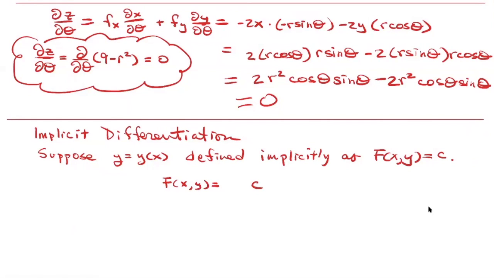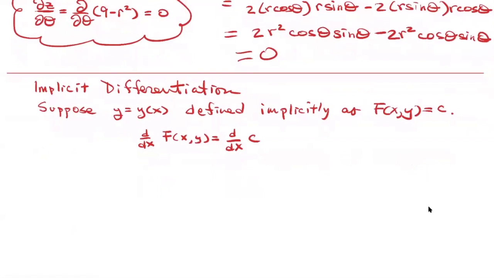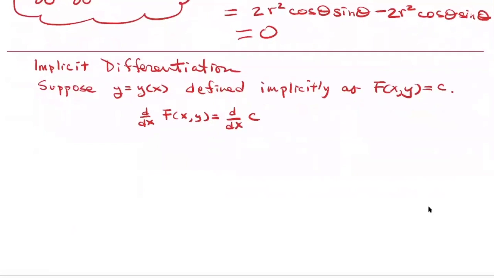What we want to know is what y prime is without solving for y. So what we're going to do is take the derivative with respect to x on both sides. Now on the left side, you're going to have to use a chain rule because you've got a function of two variables, and at least one of those variables is a function of another variable.